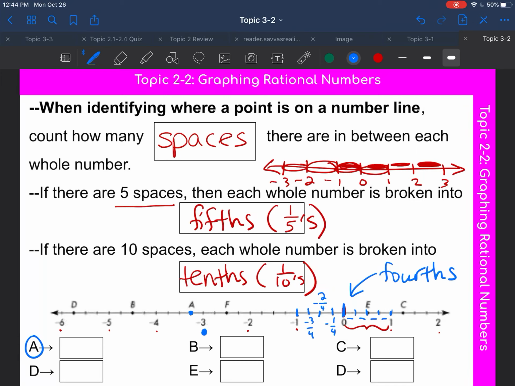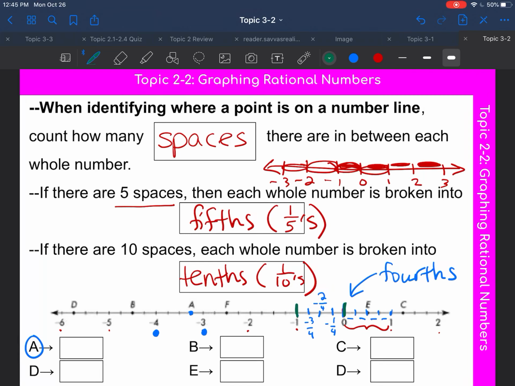A, I see, is between -3 and -4. We talked about this yesterday, that the farther away the number is from 0, the smaller it is if it's a negative. And again, what I said yesterday as well is that you always want to start at 0 when determining these. It makes it a lot easier.